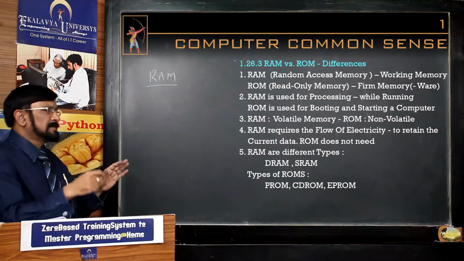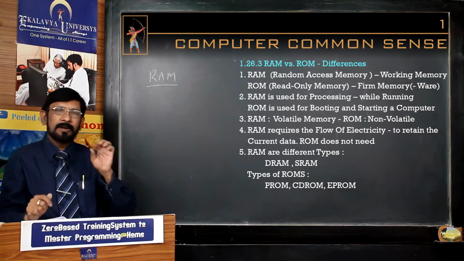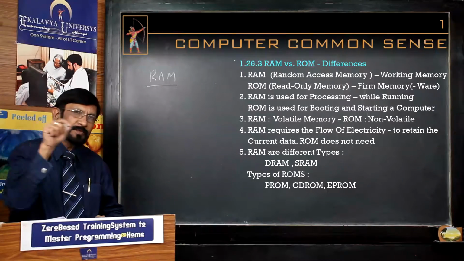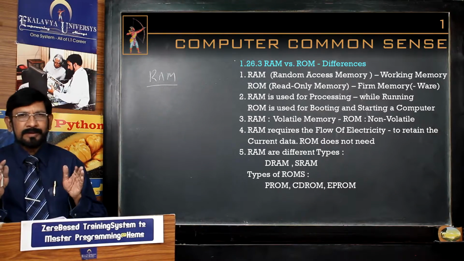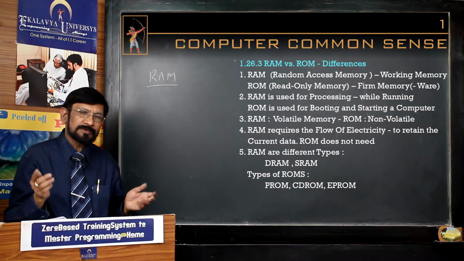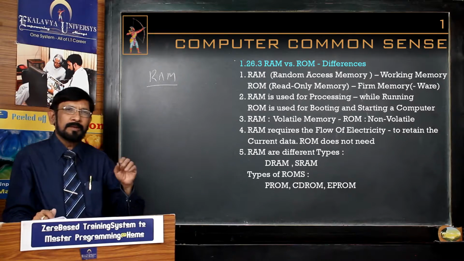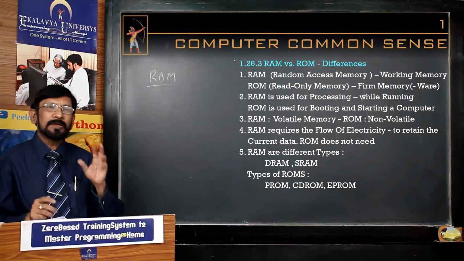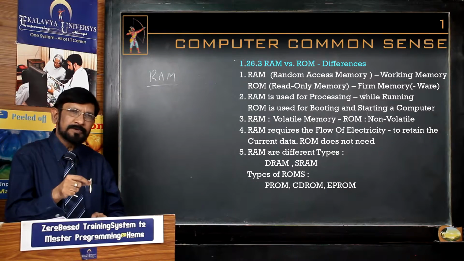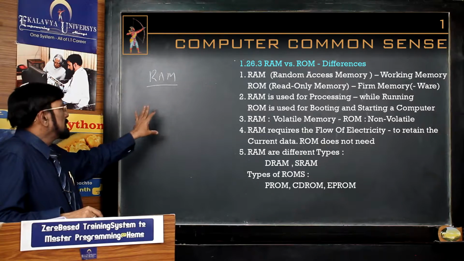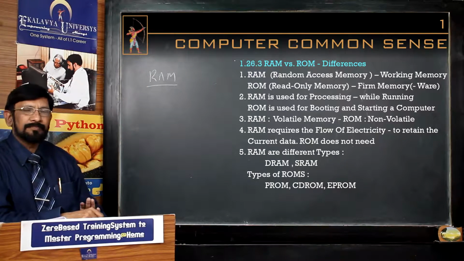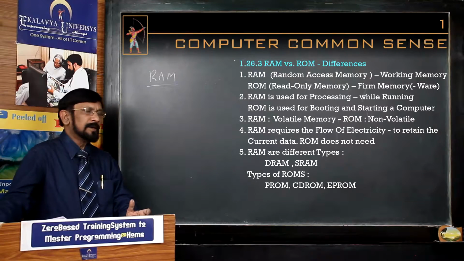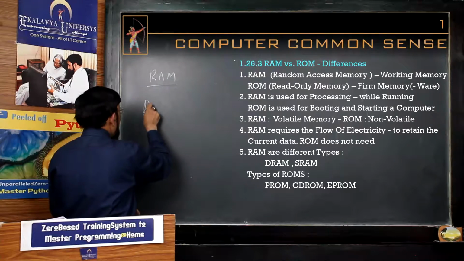That's why it is called volatile memory. When power is passing, data is retained, otherwise data is lost. It is called current or working memory because whatever current operations are being performed, all that data should be stored on RAM. Next, ROM, that is read only memory.